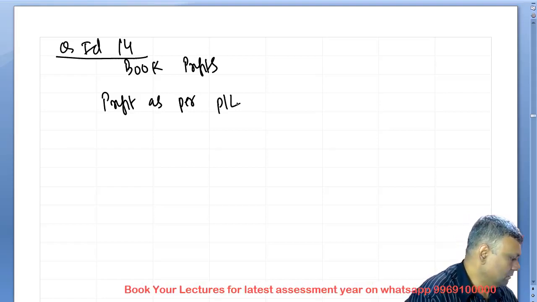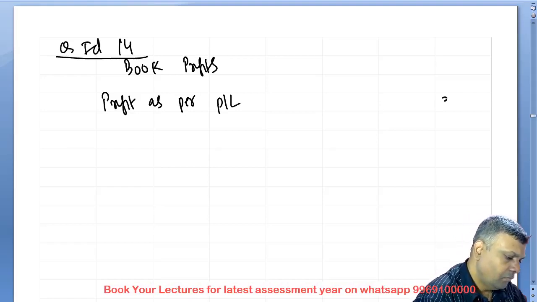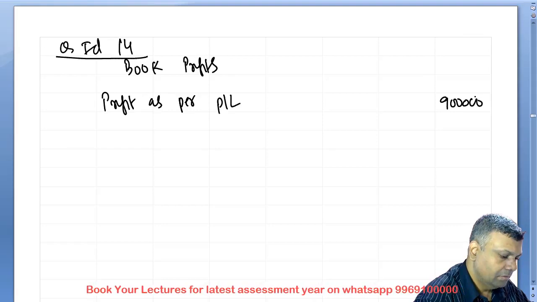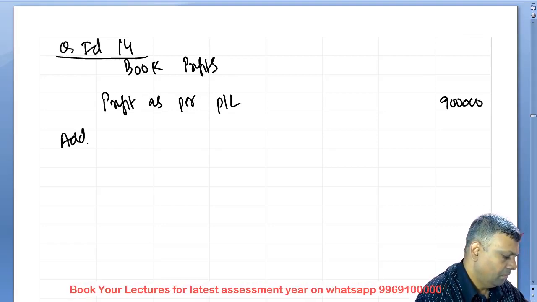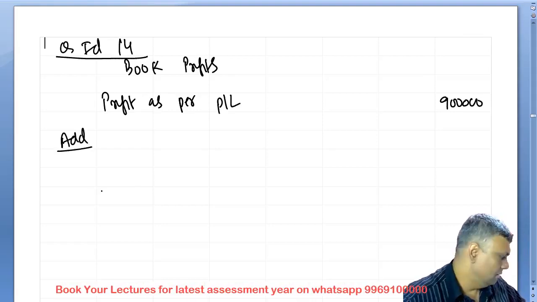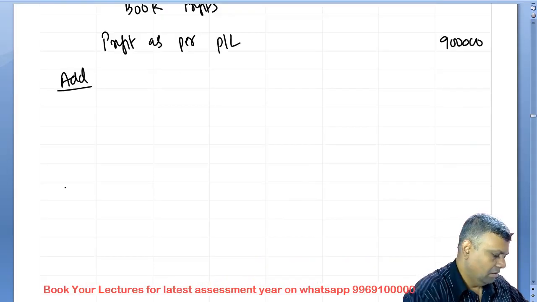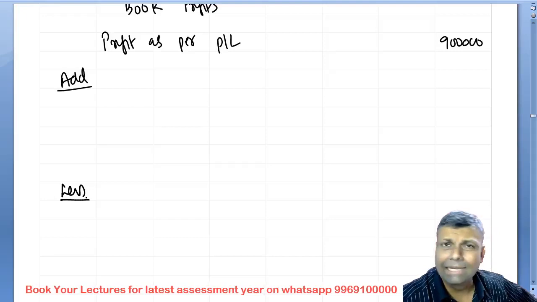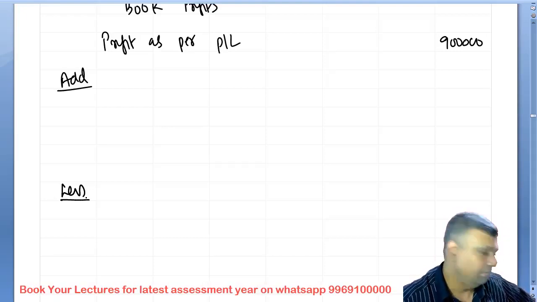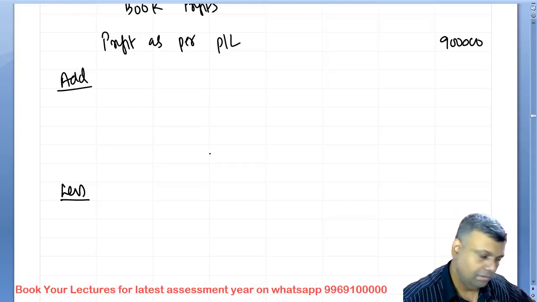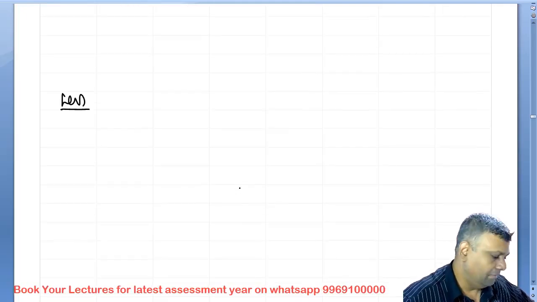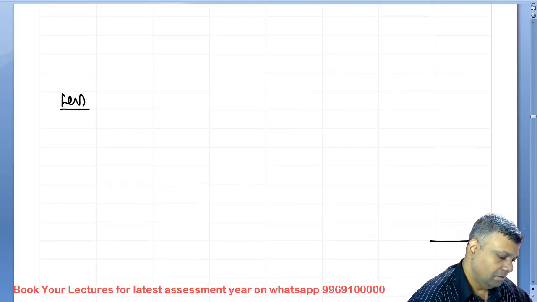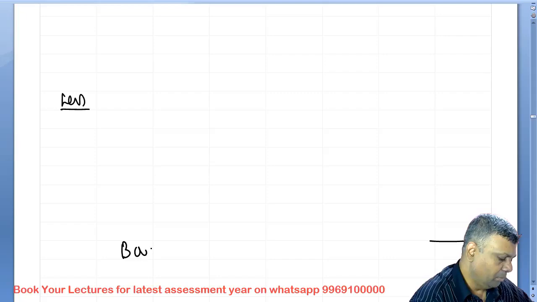Profit as per P&L, 9 lakhs. Add, less. There are not many adjustments as I apparently feel, so I have not left so much space. Okay, add, less, adjustments. After doing that, I am going to get book profits.